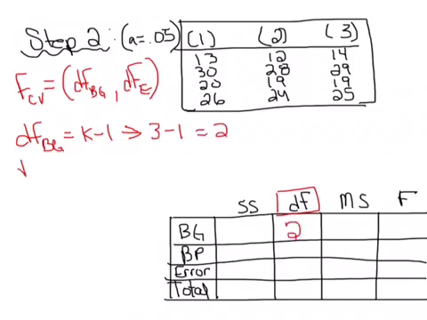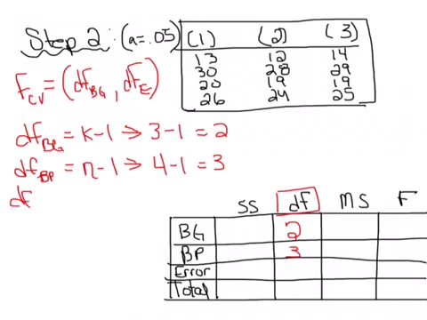Then we're going to do degrees of freedom for between person, which is lowercase n minus 1. We have 4 people in each of these 3 conditions, so there are 4 people participating in the whole study. So n minus 1 is 4 minus 1, which equals 3. So we can plug our 3 in there.